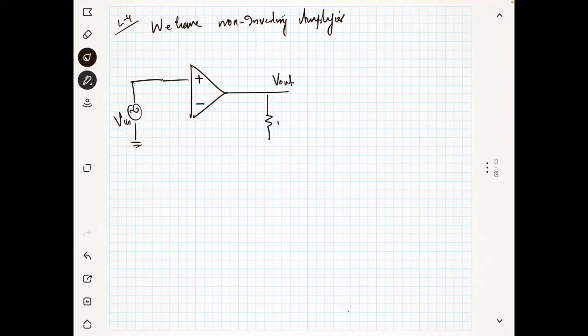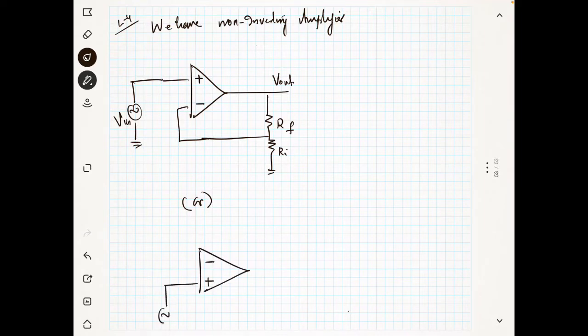There is a feedback through the resistance RF, and this resistance we will call Ri. I can draw the same circuit in another way. This is minus, this is plus, this is V in, both are the same anyway. So this is V out, and this is RF, and this is Ri.